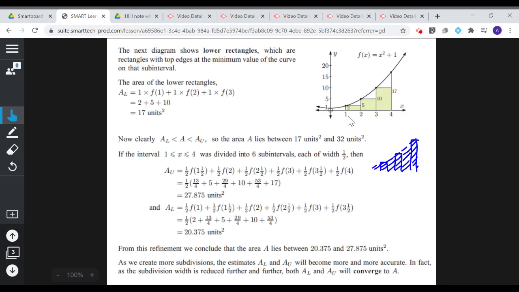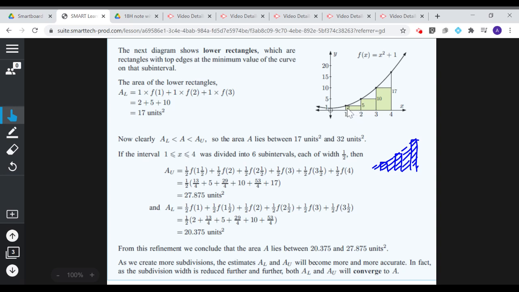If I come over here, what if I try the lower rectangle? So that means, what if I start at 1 and make this the top of my rectangle, and then I go to 2 and I make this the top of my rectangle, go across, and this the top of my rectangle and go across. Now I'm getting some smaller rectangles.